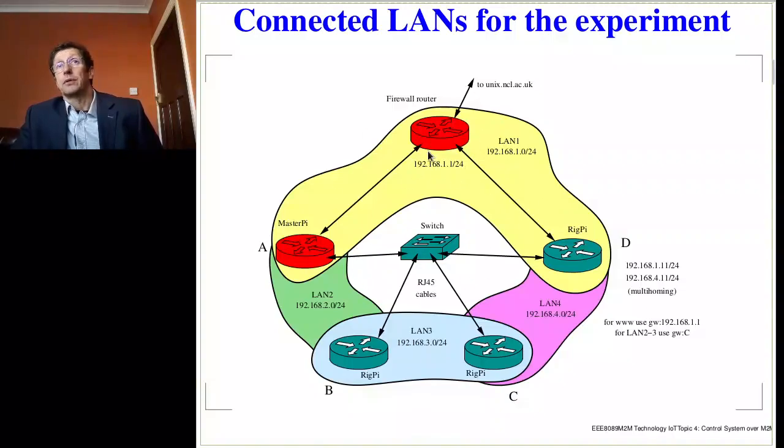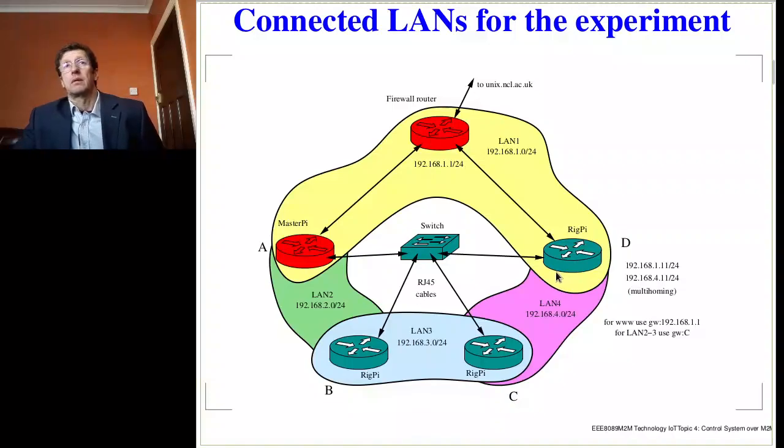Actually, you can do many more things with this network, right? In the sense that each of those Pis also has a Wi-Fi interface, and you can log into the Wi-Fi at the university from the Pi if you configure it, and then you will have many more networks to experiment with, if you wish. You probably don't need it.